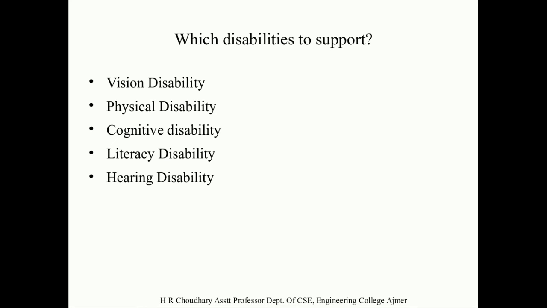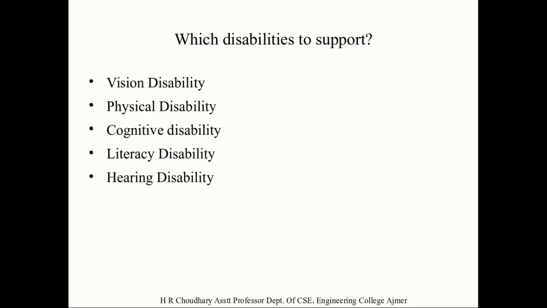The second one is physical disability. Here we consider people who are not able to use the mouse or keyboard, or who use only one hand, with poor motor skills like hand movement and muscle slowness.